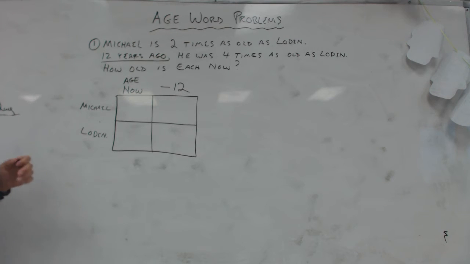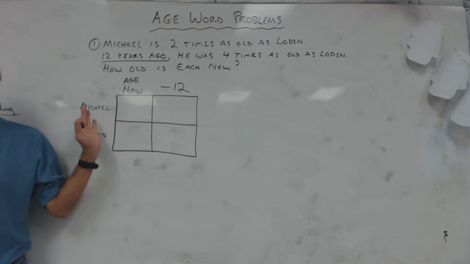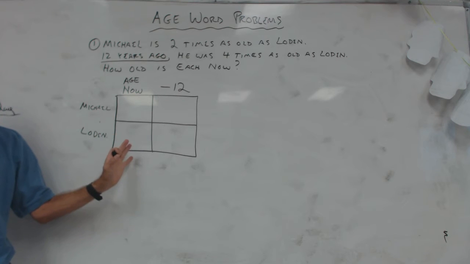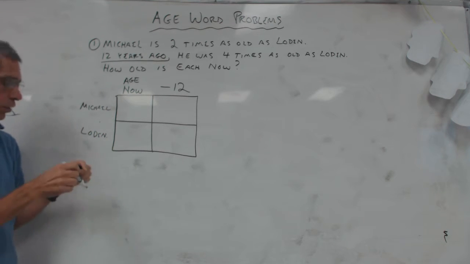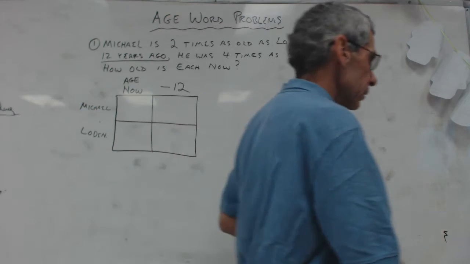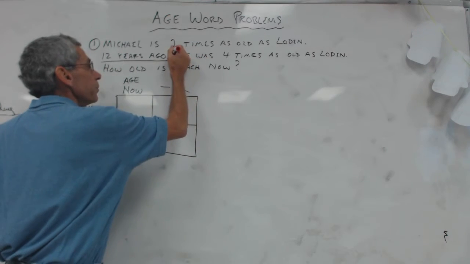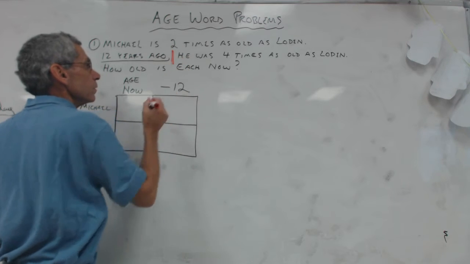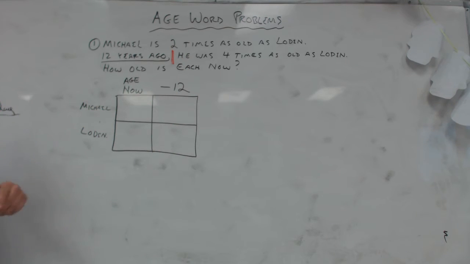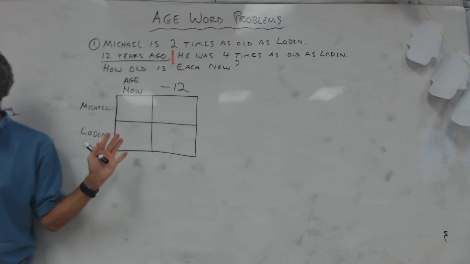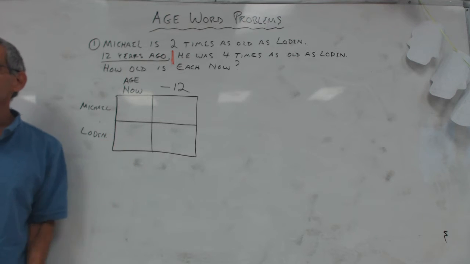Okay. Now, the trick with filling in this box is that you never, ever, ever, ever read past here. You never read past there until the box is completely filled in. This is where people mess up.